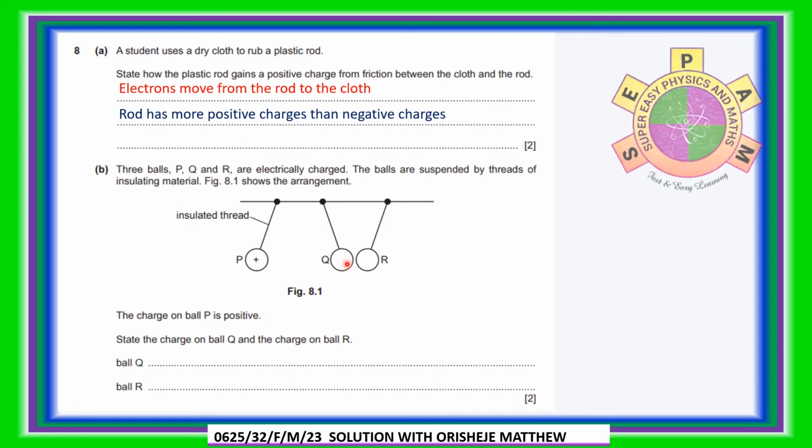And then you see that Q is attracted to R. So if Q is positive, then Q will attract the opposite charge, because unlike charges attract. So R is going to be negative. So ball R is negatively charged, while ball Q is positively charged.